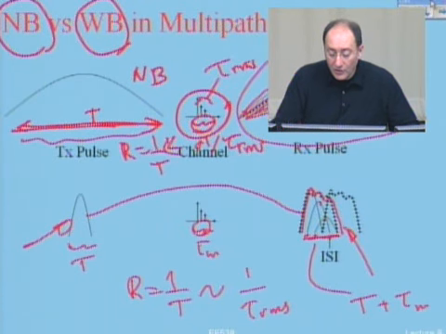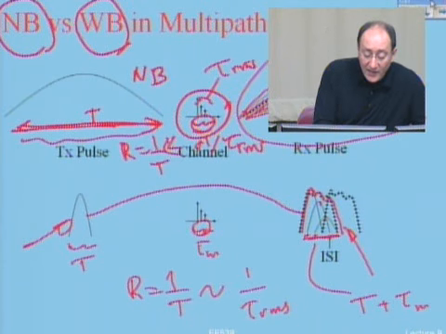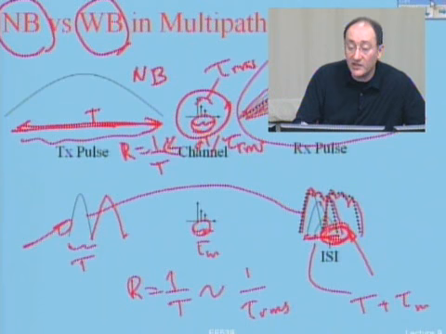Okay. So what is that? In the transmitter, every T seconds I'm sending a pulse. At the receiver, I receive pulses which are now overlapping, and they cause this intersymbol interference.